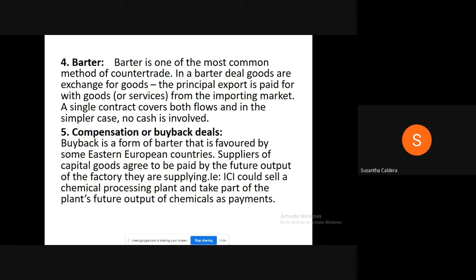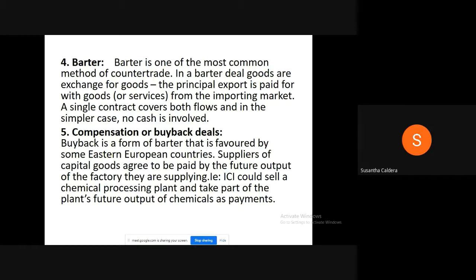Right? Now, for example, ICI, International Chemical Industries, could sell a chemical processing plant to a less developed country and take part of the plant's future output of chemicals as payment.